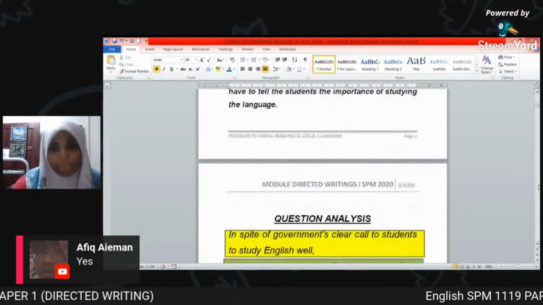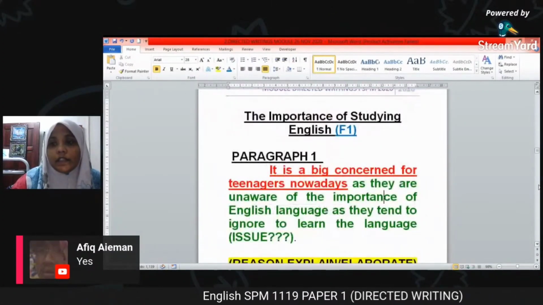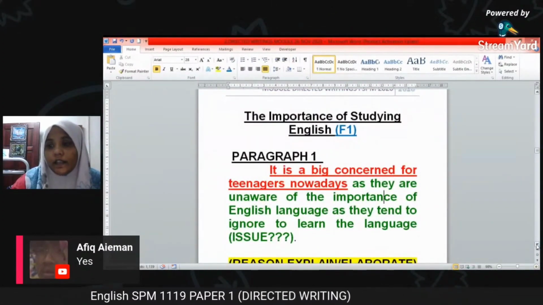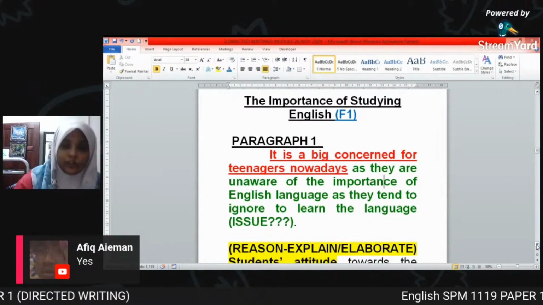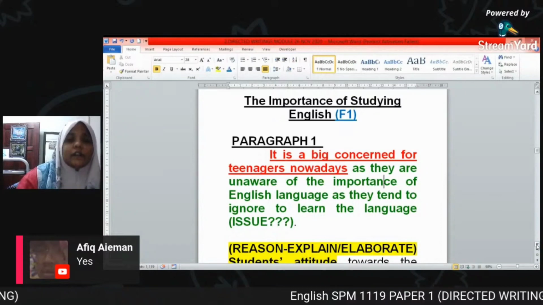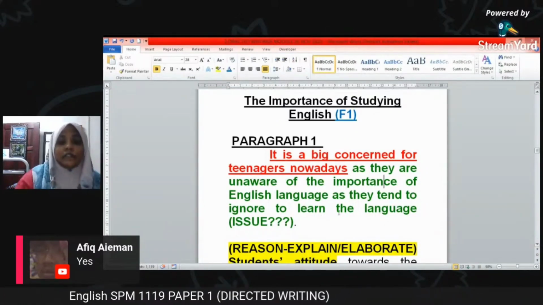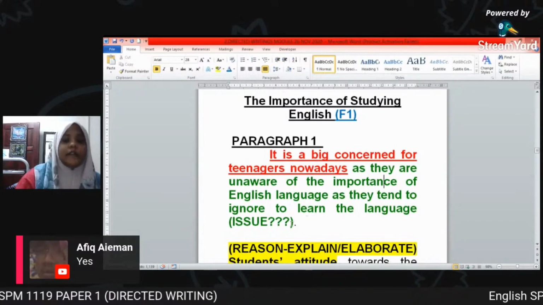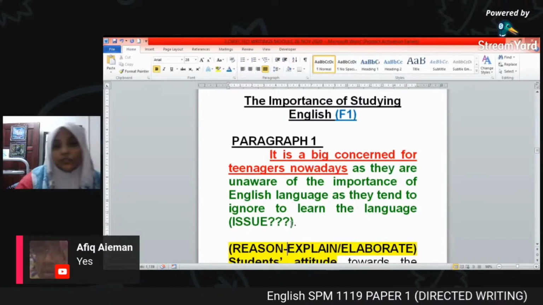Can you see? So we are taking the information given in the question to start the introductory paragraph. This is the issue. Always remember, tell what the issue is. That's why I have a lot of question marks there.